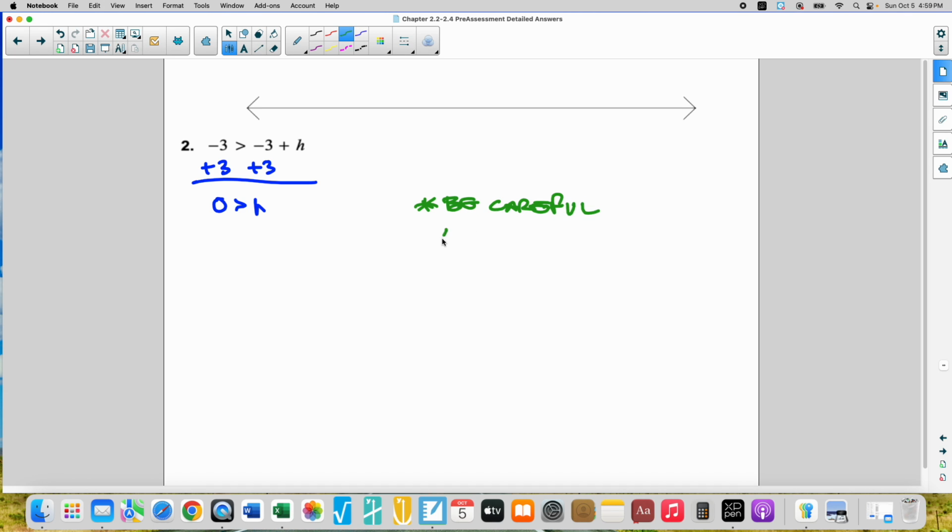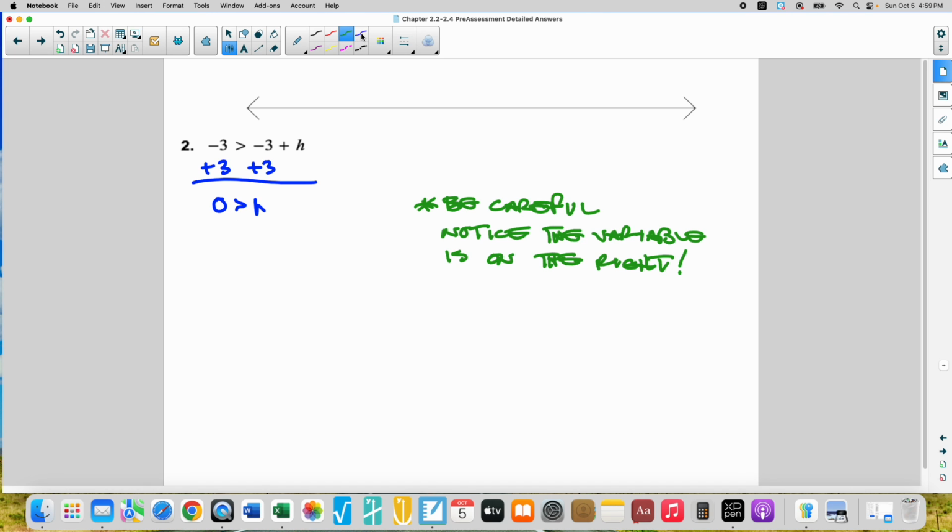Something we need to notice, the variable is on the right. So since the variable is on the right, we have 0 is greater than my solutions.